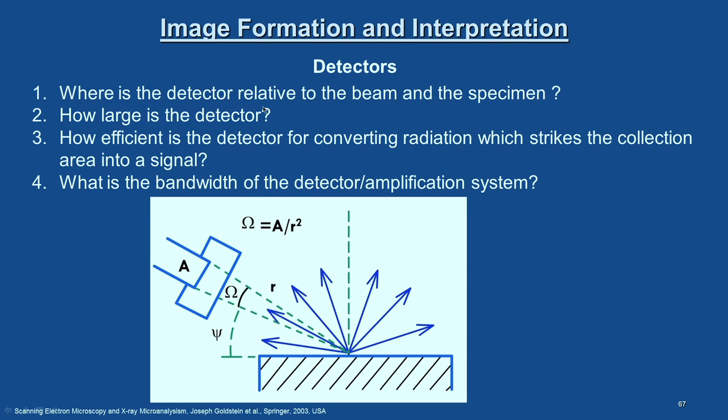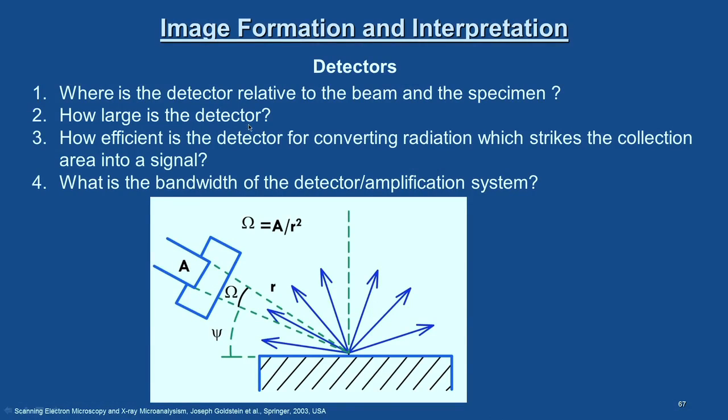Where is the detector relative to the beam and the specimen? That is, under the pole piece, where exactly your detector is kept and where exactly your specimen is placed. If you recall from the laboratory demonstration, the specimen is placed just below the pole piece, and the detectors are kept at a particular angle on one of the sides.